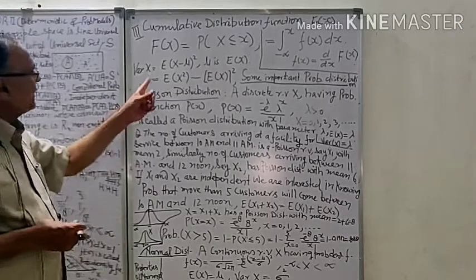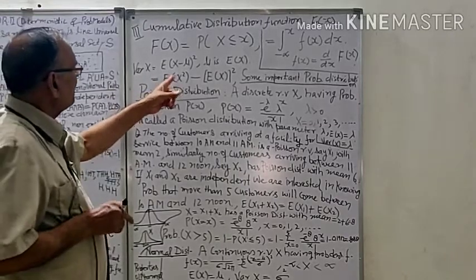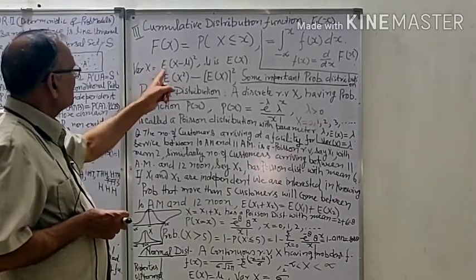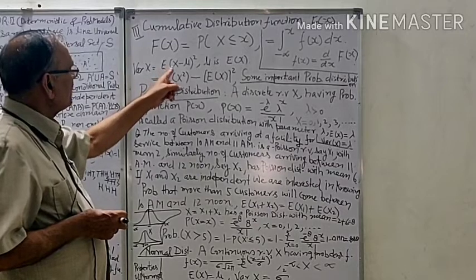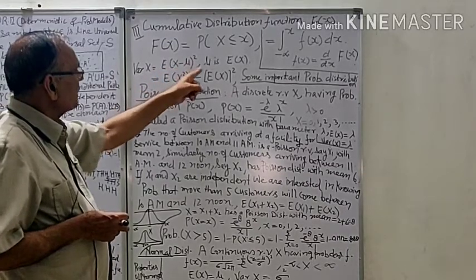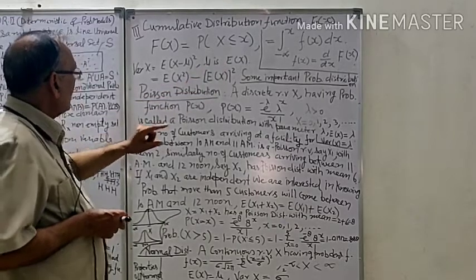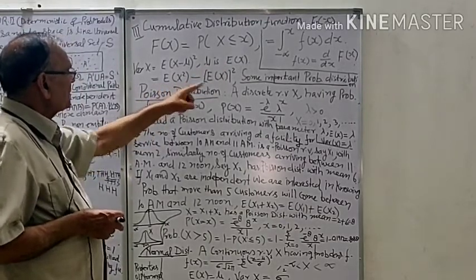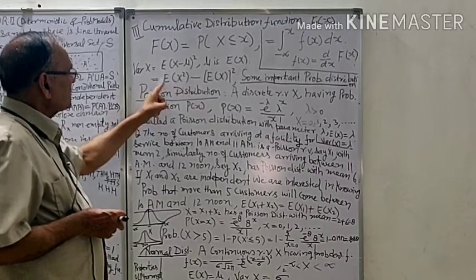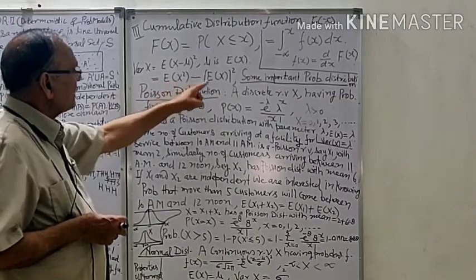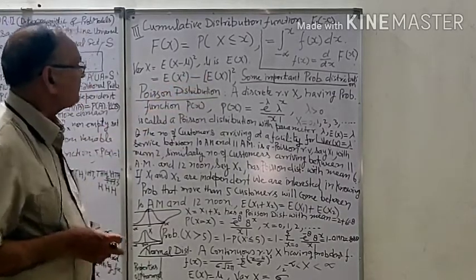Now, this variance we have already defined. Suppose variance is E, expected value of x minus mu whole square, where mu is expected value of x, or we define it by second formula, expected value of x square minus Ex whole square.